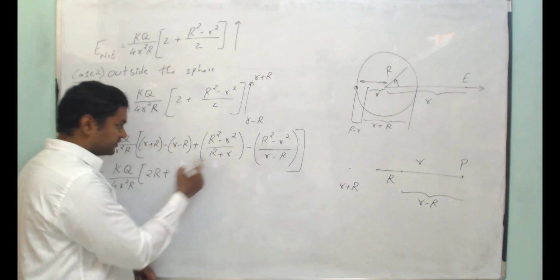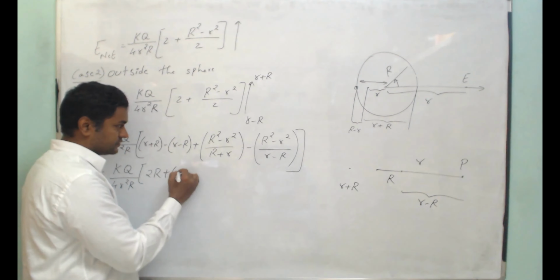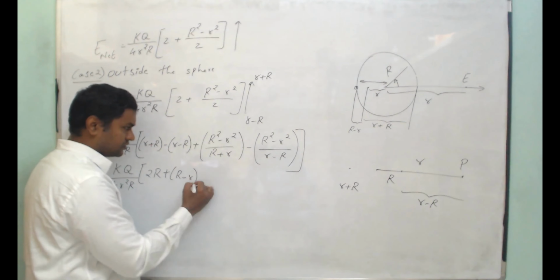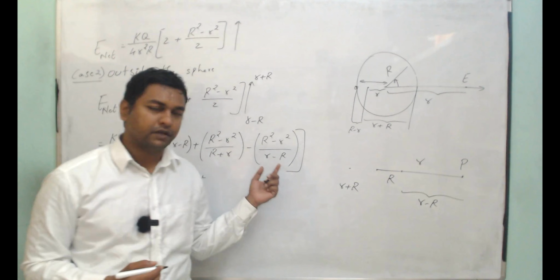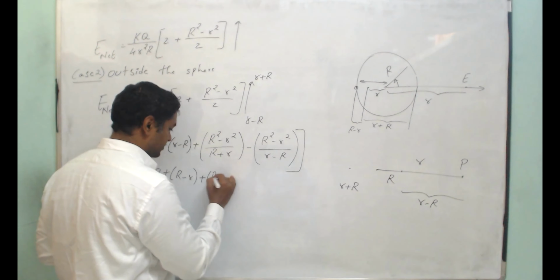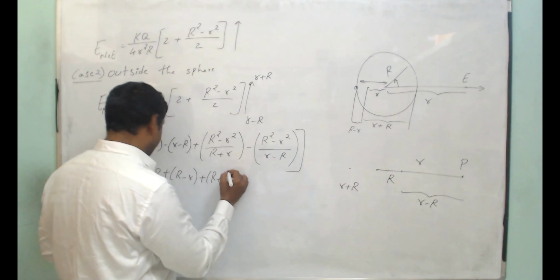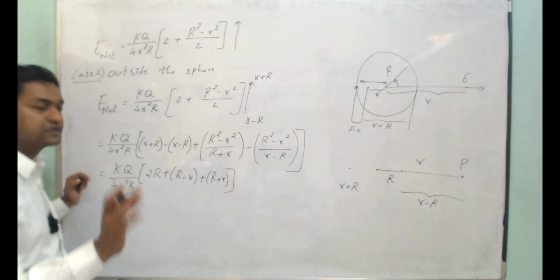Plus, the first one is a square minus b square by a plus b, so capital R minus small r, and I'll write plus over here because I'm taking minus, so it will be capital R plus small r. Again minus small r plus small r will cancel.